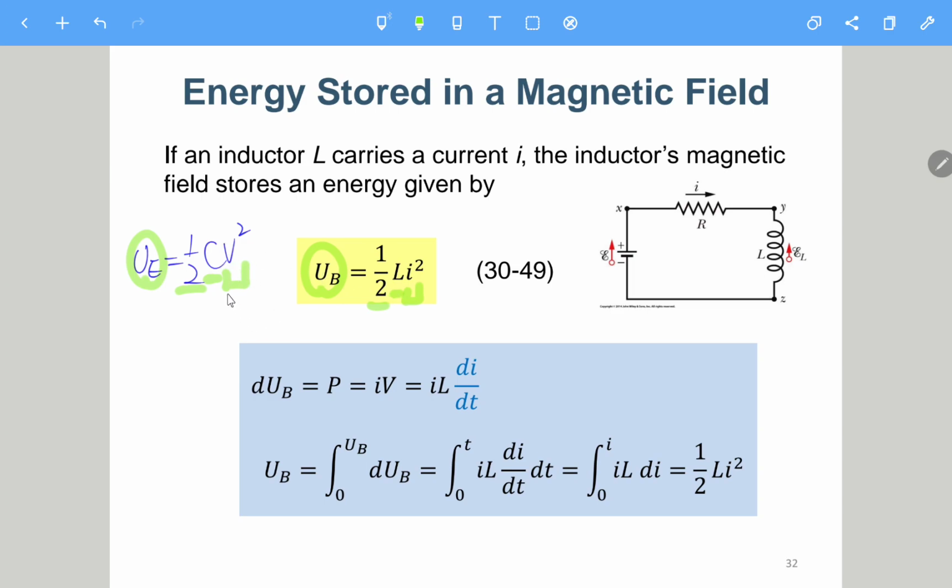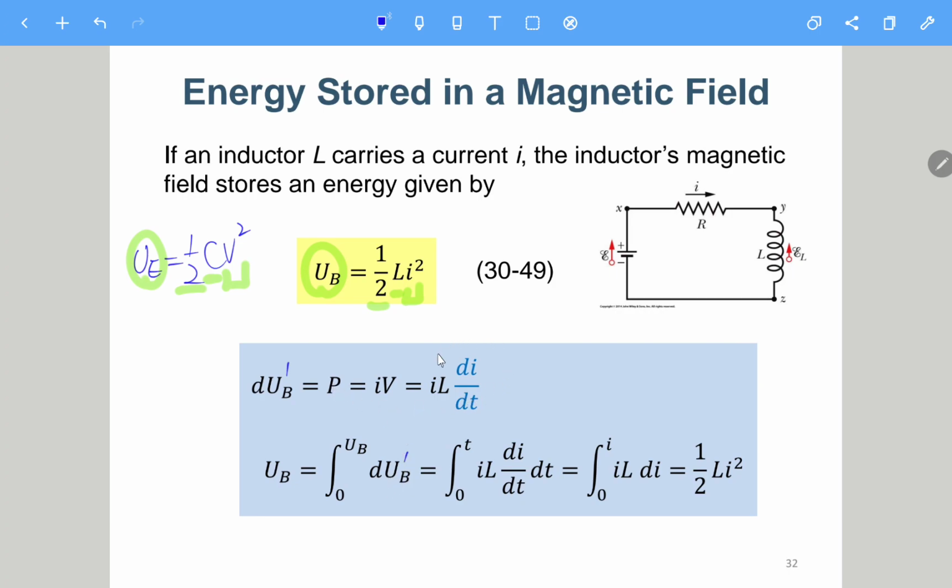If you really need to derive it, dUB will be P equals IV, and the V of the inductor is L di/dt. Then UB will be the integration of dUB. Maybe we can put a prime here, so that this UB and this UB can be distinguished.